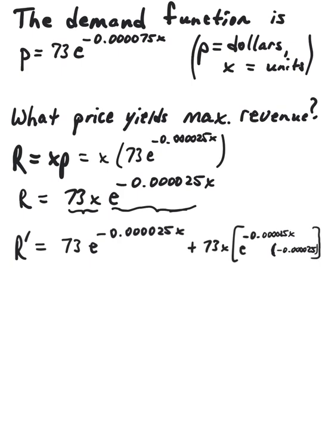Okay. Now, if you look at both of these terms carefully, they both have 73 and that exponential e part in common. So when we're going to find our critical number, we set the derivative equal to 0. I'm going to factor out the part they have in common, and I'll tell you in just a second why that will help you a lot in your problem. And if we factor that out, the first term is exactly what we factor out, so it has a 1 left over.